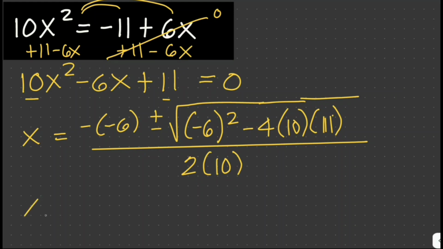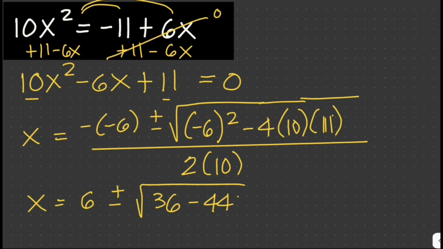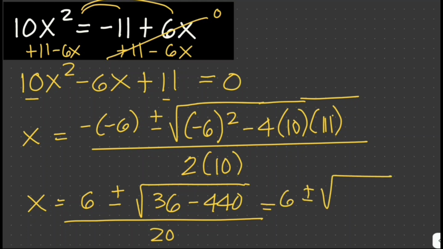So this is just x equals 6 plus minus the square root of 36 minus 4 times 10 times 11. This is 440. So 40 times 11, over 20. And this is just 6 plus minus the square root of 36 minus 440, which is negative 404, over 20. And then we can simplify this.